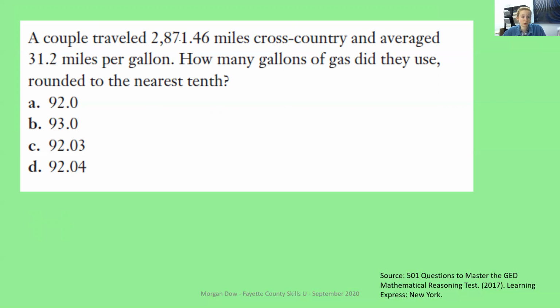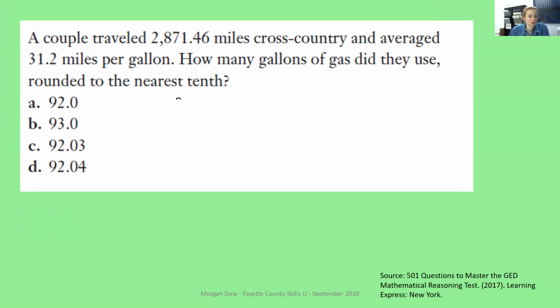We've got a total number of miles. If we divide that up into 31.2 miles per gallon, that'll give us our total gallons that we used.